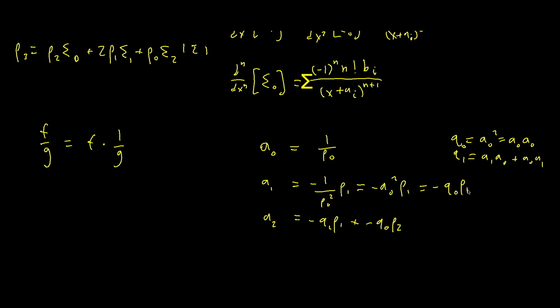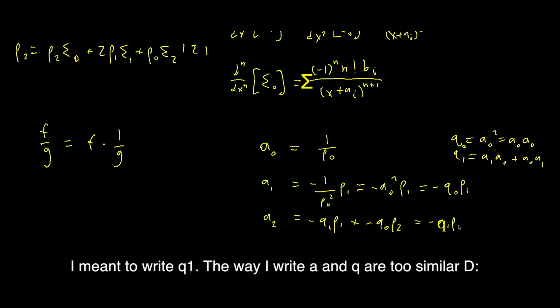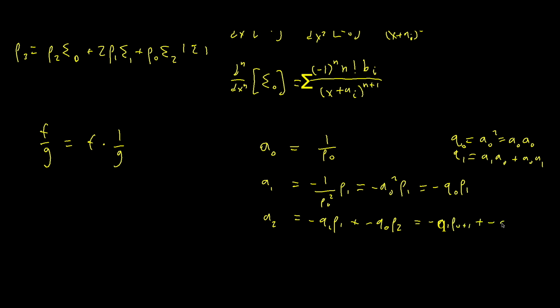You'll notice that this is always off by 1, so I'm going to rewrite this in a simpler way. So this will be negative q1 p(0+1) plus negative q naught p(1+1). That way it retains the form, and we just have to add 1 to the index. So now we've calculated a2, and we can keep calculating the next row of a.